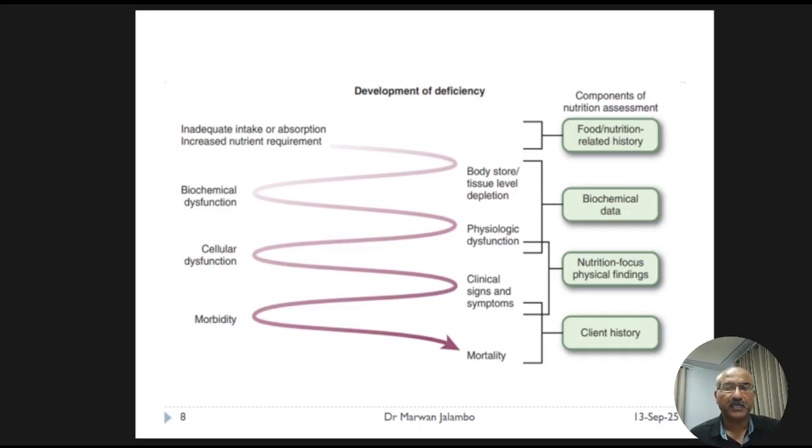This is a stage where food and nutrition related history can give us the first clues. Next, the deficiency leads to biochemical dysfunction. We can't see this with the naked eye, but it's detectable through biochemical data like blood tests.